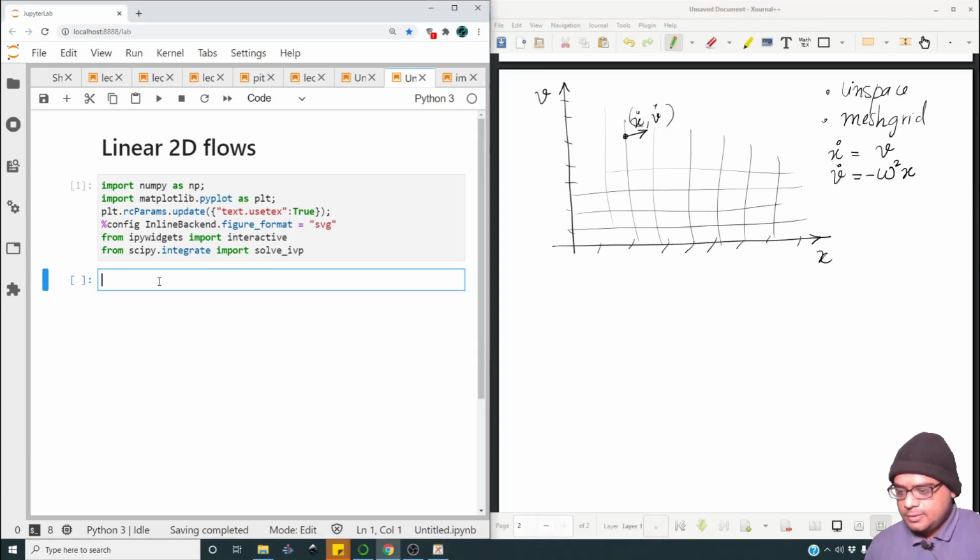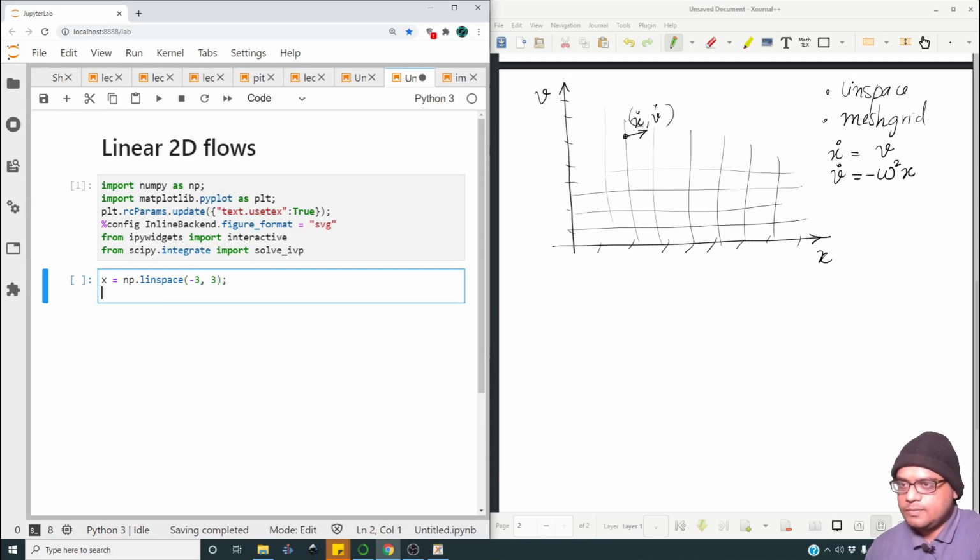So let me go over here and say x equal to np.linspace, say minus 3 to 3, v equal to np.linspace minus 3 to 3, x comma v equal to np.meshgrid(x, v).